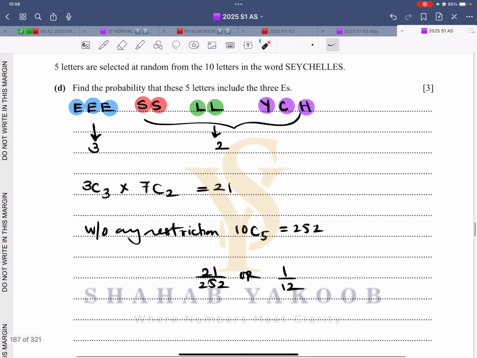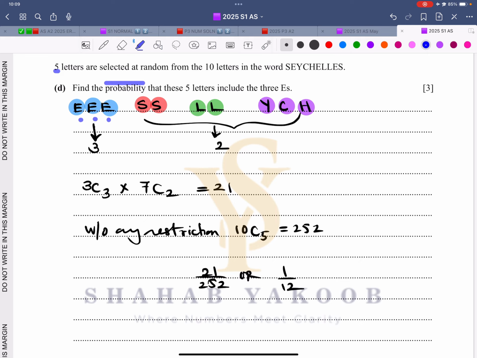Now the last part, it seems difficult, but it's very easy because the keyword over here, which I have explained to you in many videos, is about the wording. That is find the probability. They're not asking for the number of ways, they are asking for the probability. 5 letters are chosen. So now there are 3 E's, they are included, so that's 3C3.